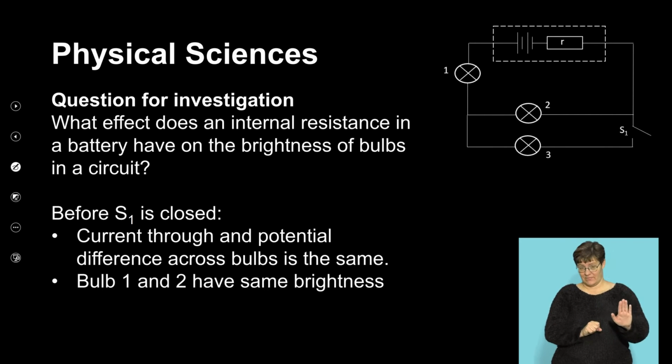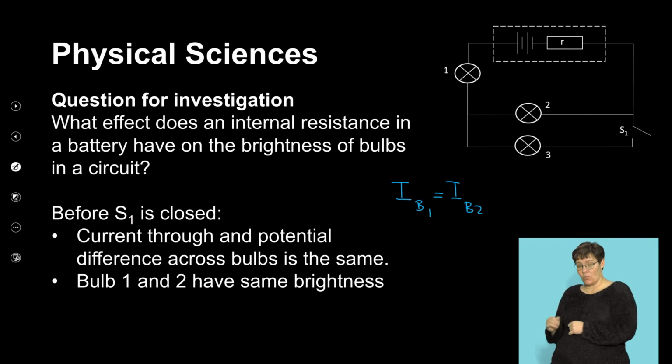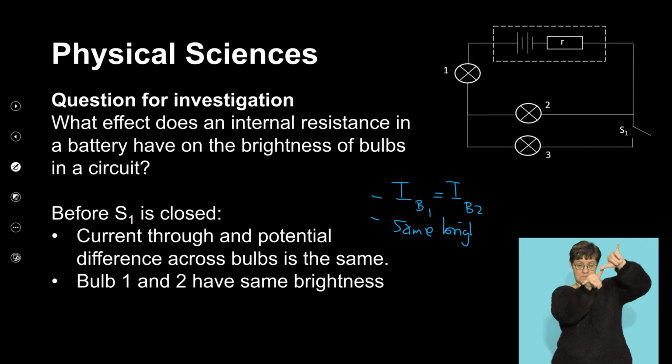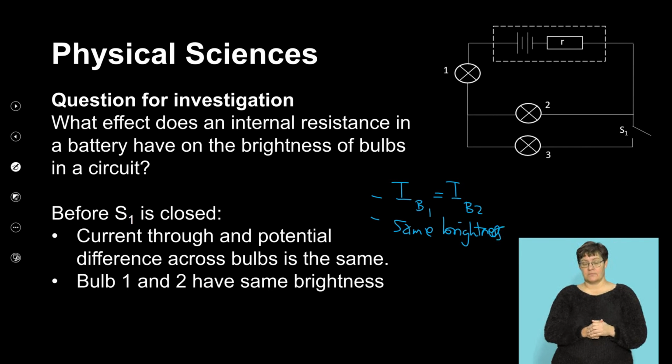So the current through bulb 1 equals the current through bulb 2 before switch S1 is closed. They have the same brightness. Very important.